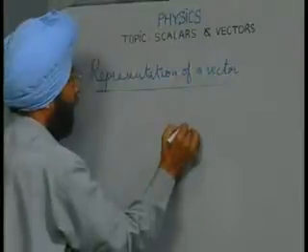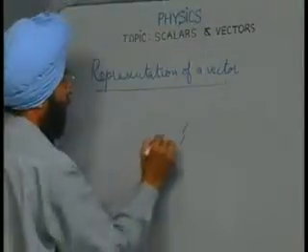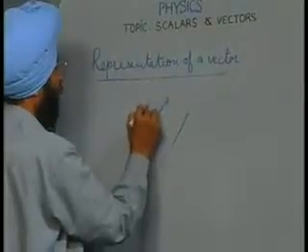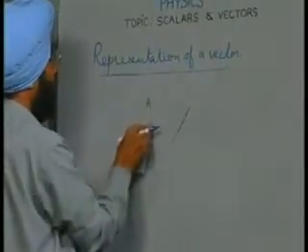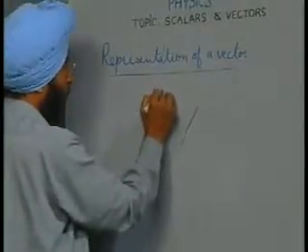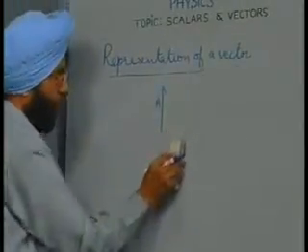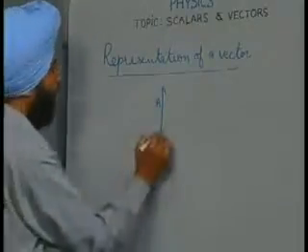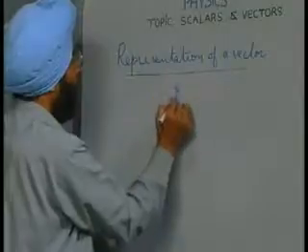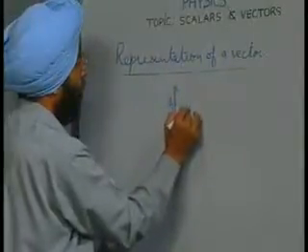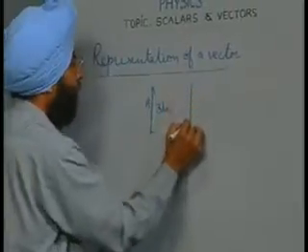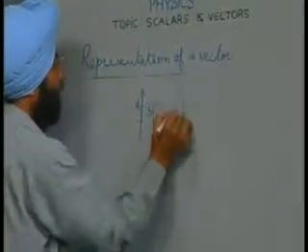Suppose we have here vector A in the direction south to north and magnitude is 3 kilometers, then to represent this, we need a scale.